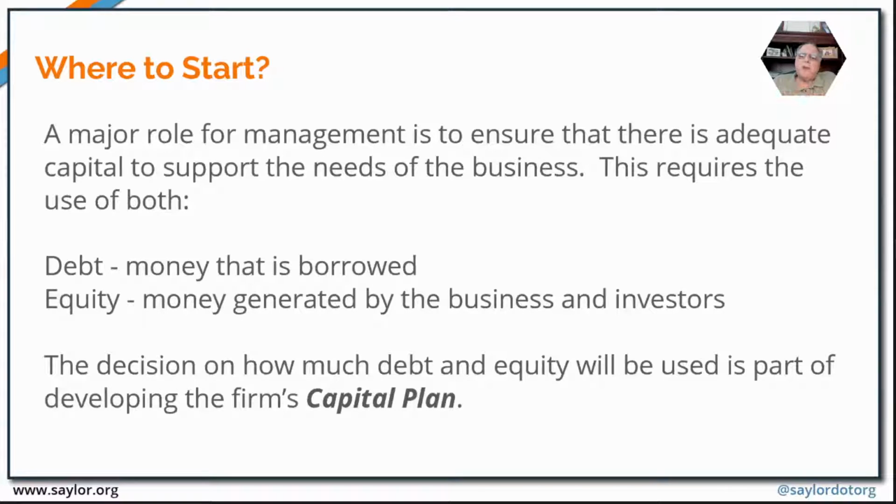The decision facing management, and it is an important decision, is exactly how much of each you plan on using to develop the firm's capital plan. Assuming you had no restrictions and you had access to all of the debt that you required and you had access to a pool of equity, how much of each are you going to use to build the capital plan?